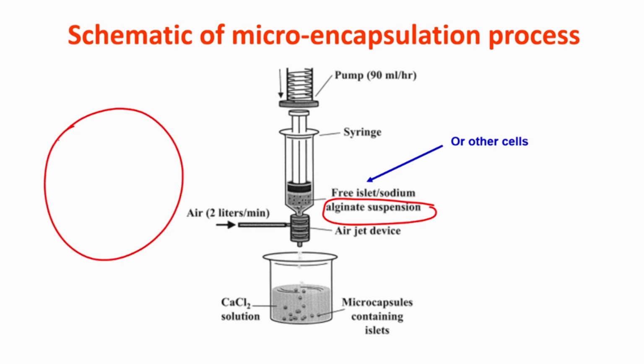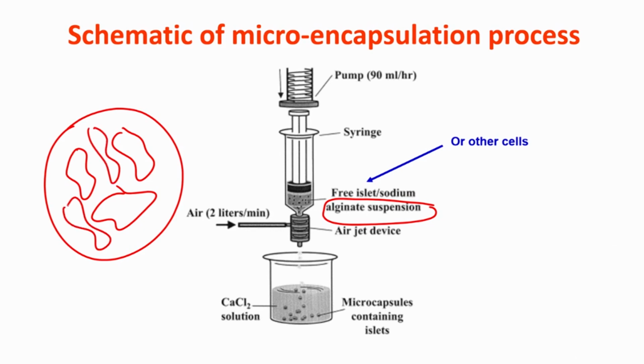You want something like this, where there is alginate encapsulating several cells, and the pore size of the alginate is such that it will allow oxygen, glucose and waste products to move in and out, but it will not allow your antibodies and the immune cells. So, you have suspended the alginate at a certain concentration in which the pore size will be such that it follows what I just described.